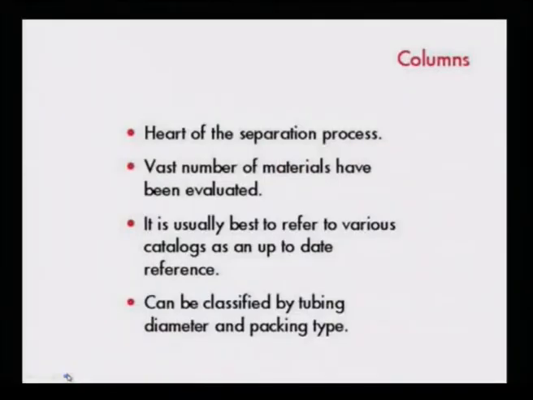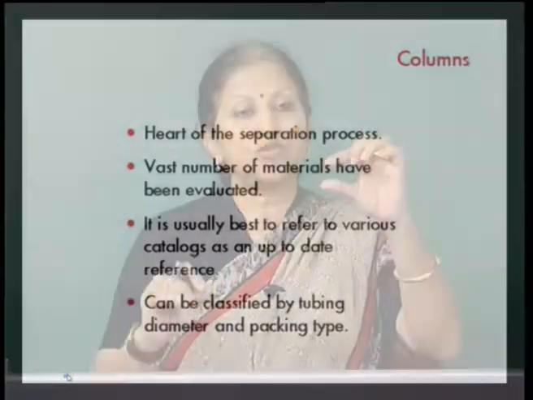So, one can look at the catalog and choose the right kind of column for a typical analysis, and it can be classified by tubing diameter and packing type. That means columns could be packed type, which are broader, and they could be capillary columns, which are almost of hair-size width.